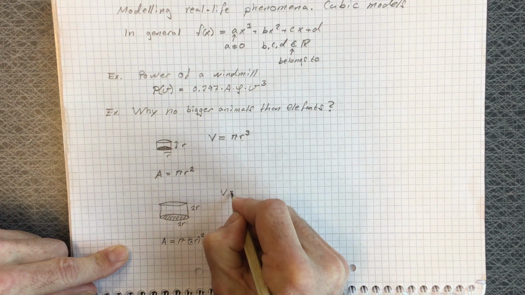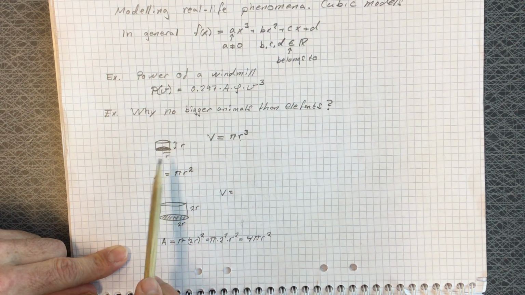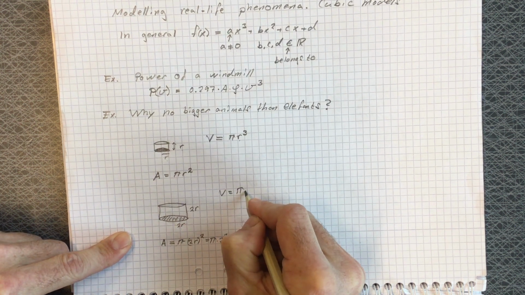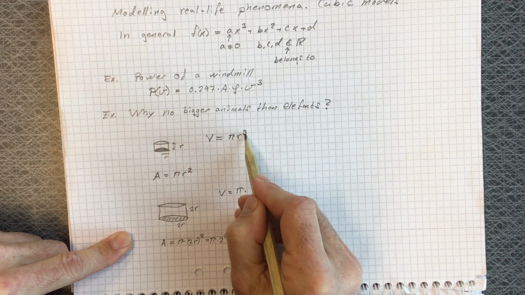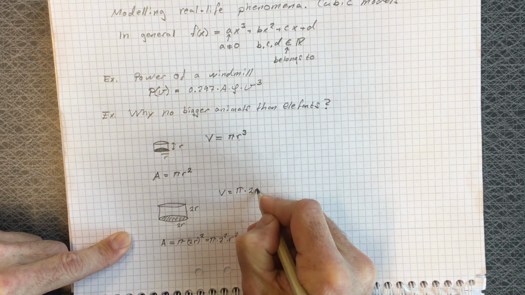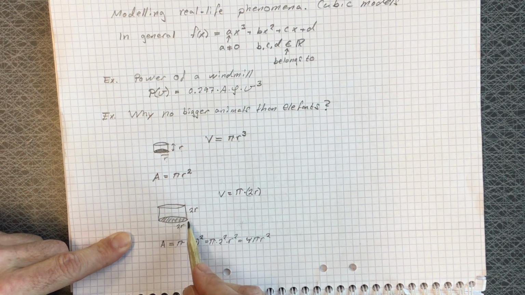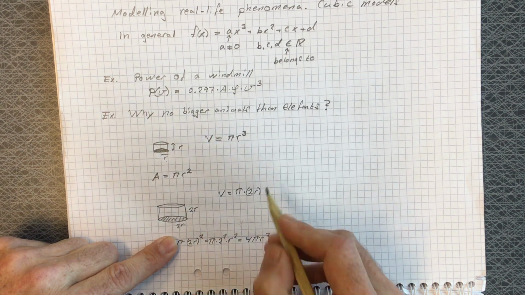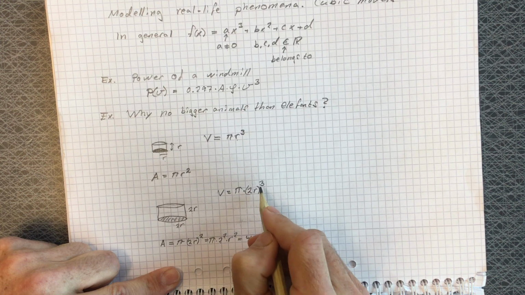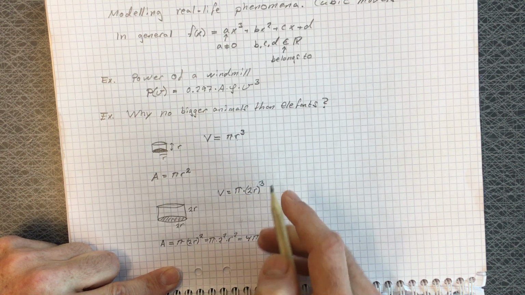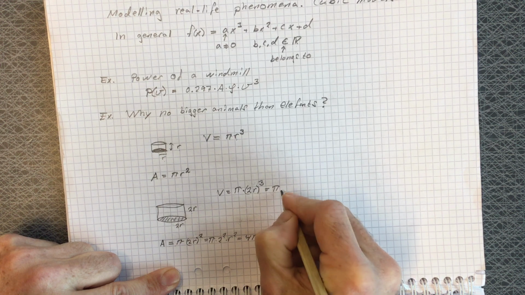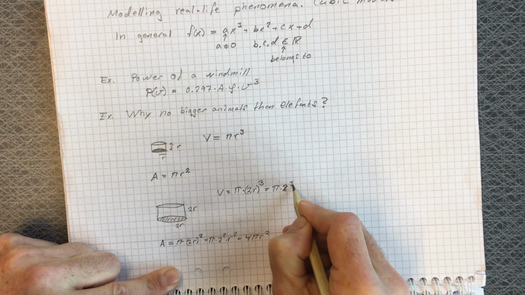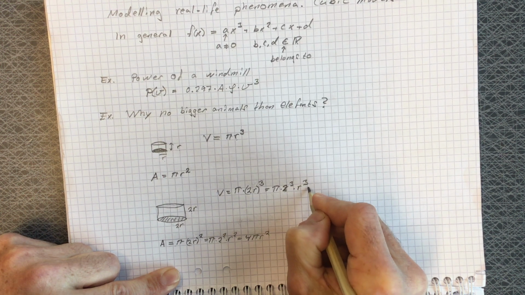But let's look and see what's happening with the volume. So the volume of these animals, you can see this volume is much bigger than this. But how much bigger? Well, it's pi times r, and you have to take it to the power of 3. Now r is 2r. Because the radius is 2r and the height is 2r, and you take it to the power of 3. Now this exponent belongs to both r and 2, so we will get pi times 2 to the power of 3 multiplied with r to the power of 3.